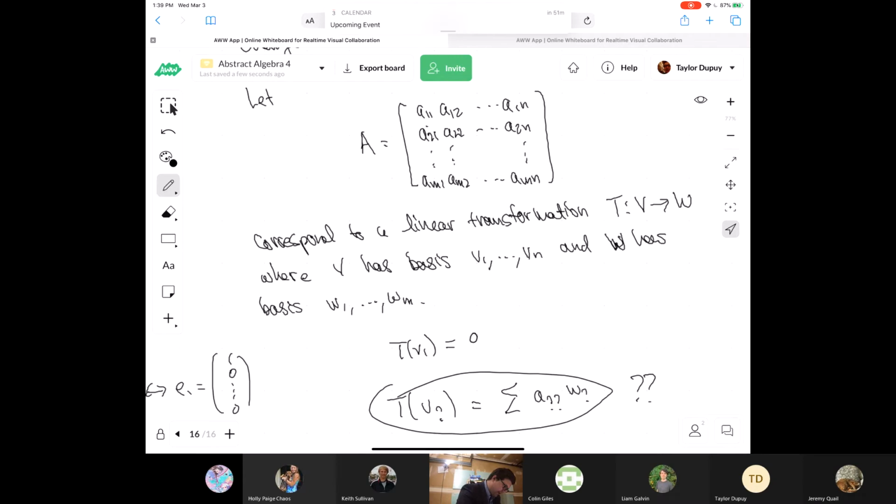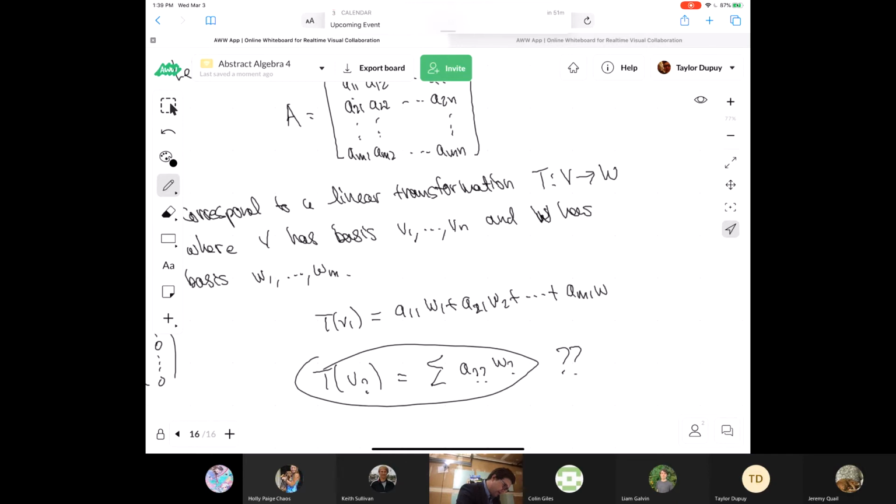So then this thing goes A11, and now I need to do it in the W coordinates because we're in the target: A11 W1 plus A21 W2 plus dot dot dot plus AM1 WM. You can see here that the first components are the ones that match.